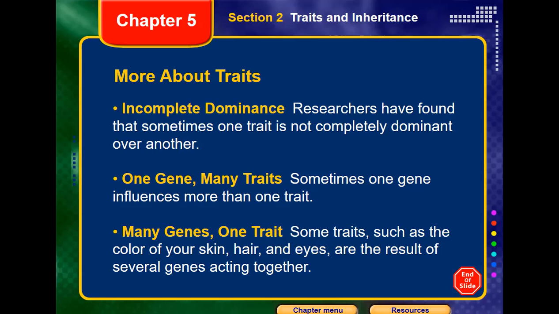The other case is many genes but one trait. Sometimes we have something called a polygenic trait. What do I mean by a polygenic trait? A trait which is controlled by many genes, not just one like in the Mendel case. For example, the height, the weight, the eye color, the skin color. These are traits which have a wide range of phenotypes. For example, with skin color, people vary from completely white to completely dark skin.